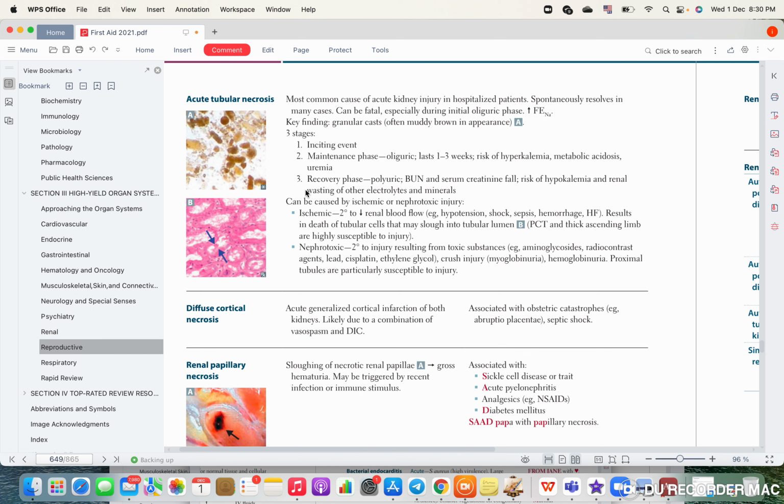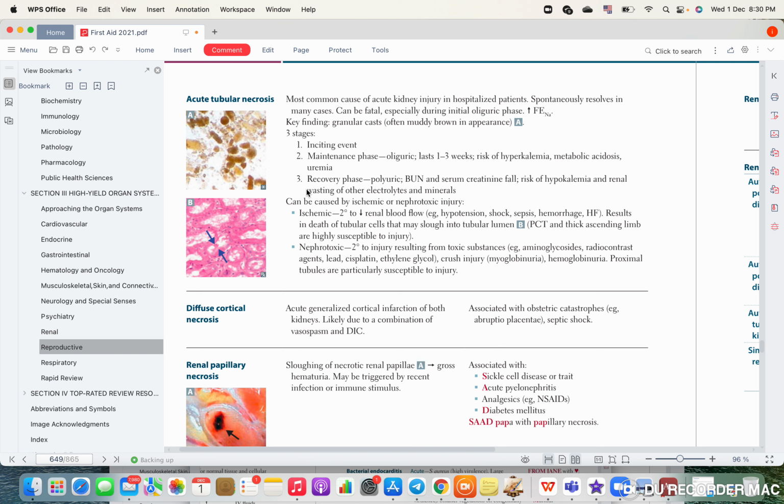Brown muddy cast. So, you know, in case of acute kidney injury, we know that normally the kidney filters, reabsorbs, secretes, excretes. But which function of the kidney is the last to recover after acute kidney injury?